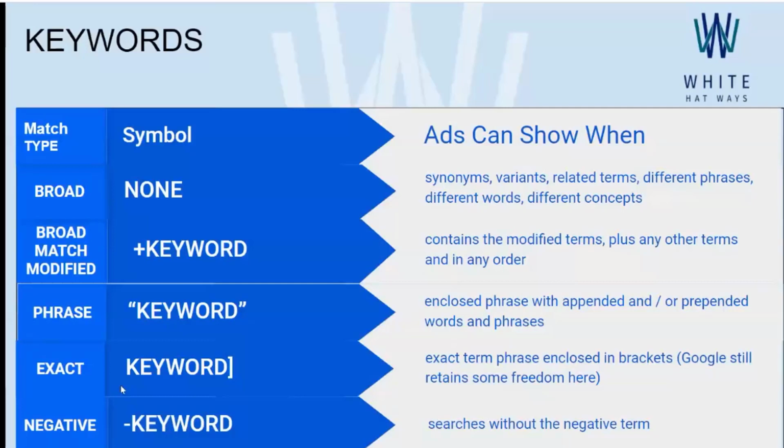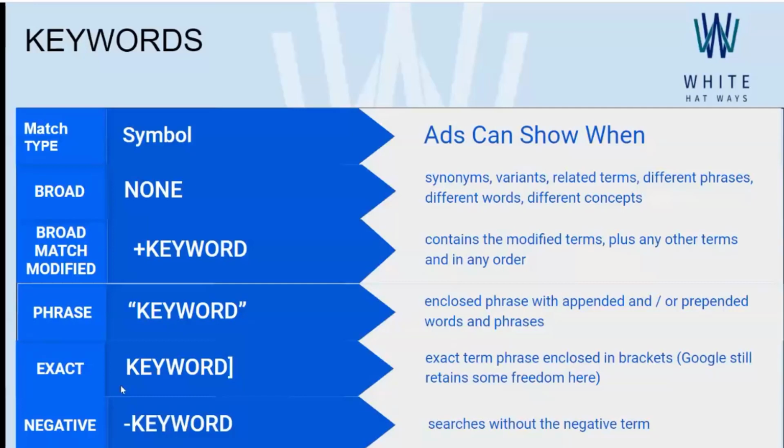If you are putting the negative keywords in such a box, obviously there is no requirement for putting the negative sign. However, if you are putting your negative keywords along with various other kinds of keywords, then in order to distinguish them from the other keywords, you would need to put a sign. Fine. So searches without the negative term.